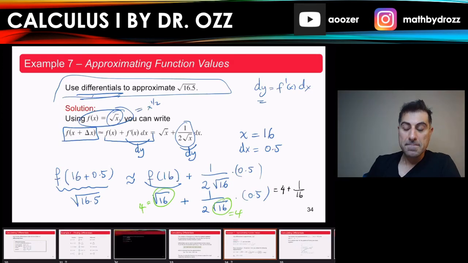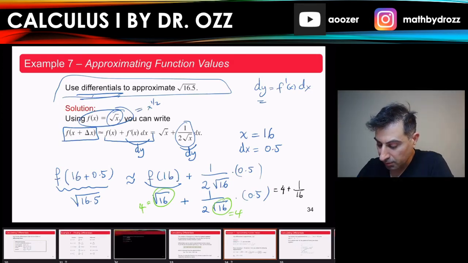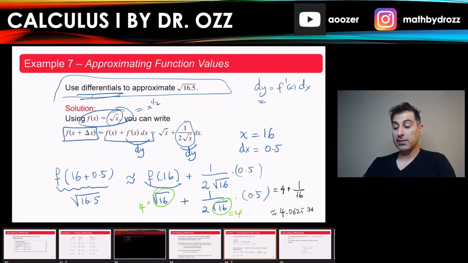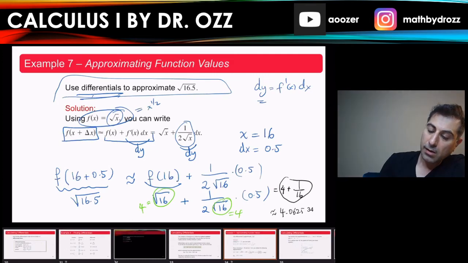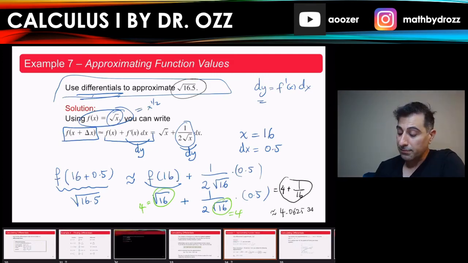And this is approximately equal to 4.0625. You can also leave it like this: 4 plus 1/16 is the approximation that you can use of the root of 16.5.